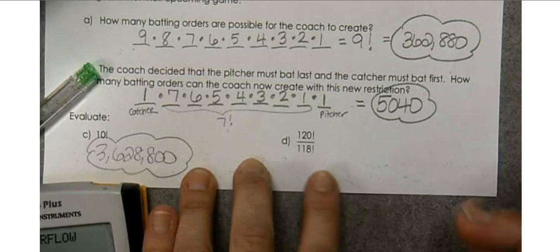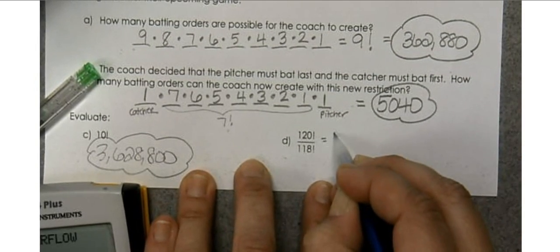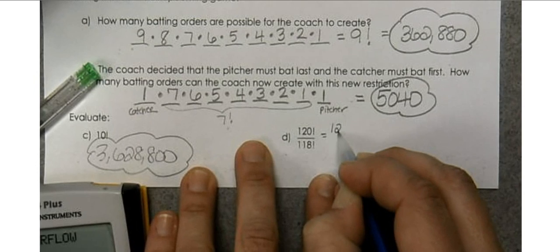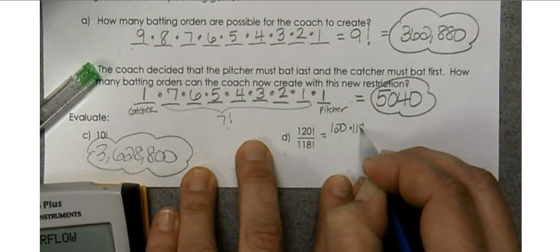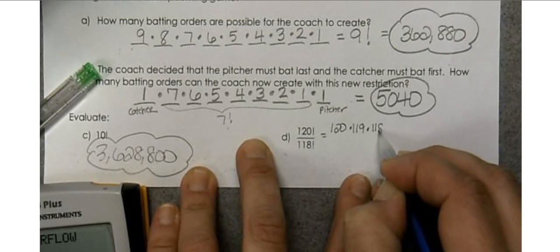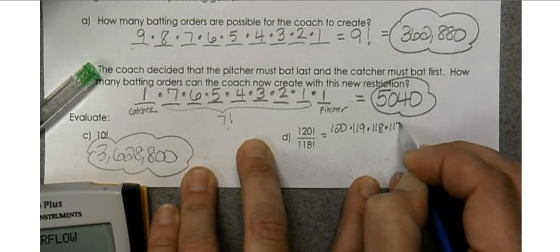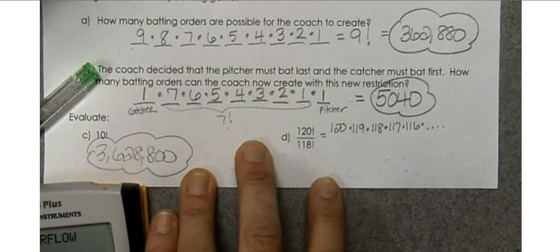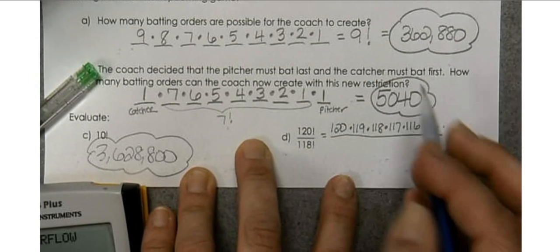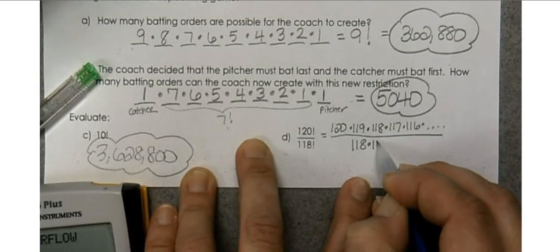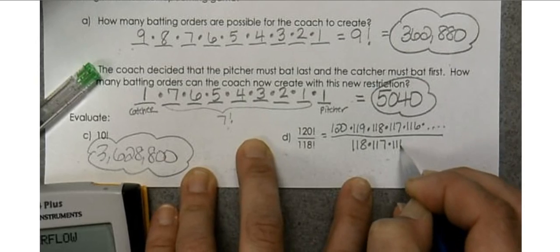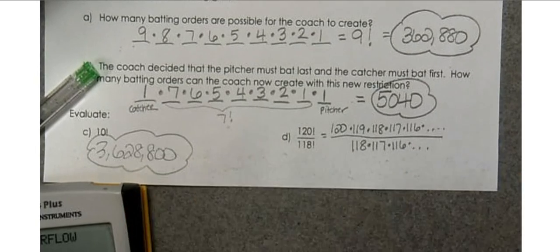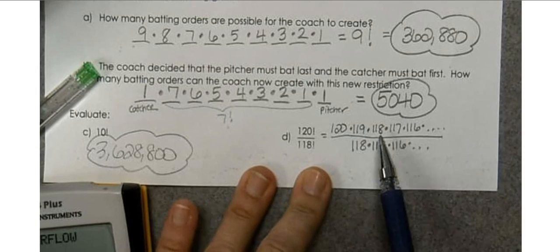What this means is 120 factorial means 120 times 119 times 118, like all the way down, right? We won't write all of them. And 118 factorial means 118 times 117. Do you notice that we have these pieces here that are the same in the numerator and denominator?